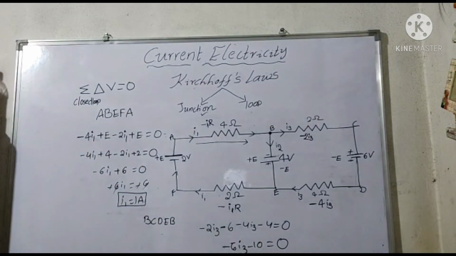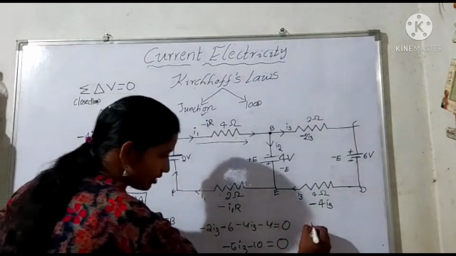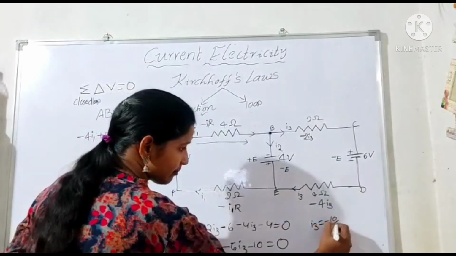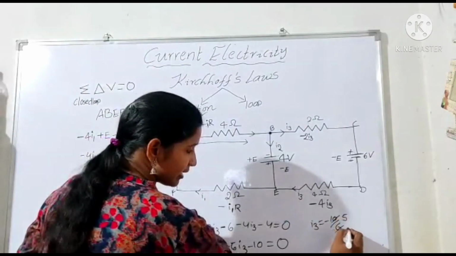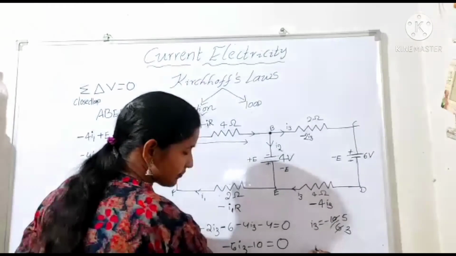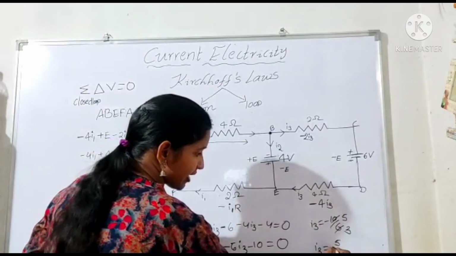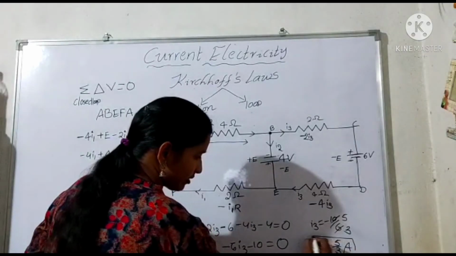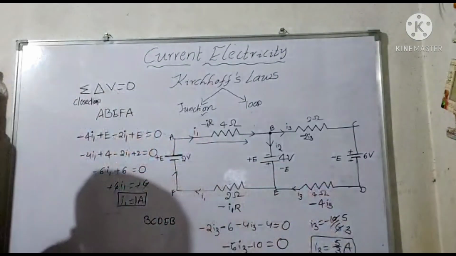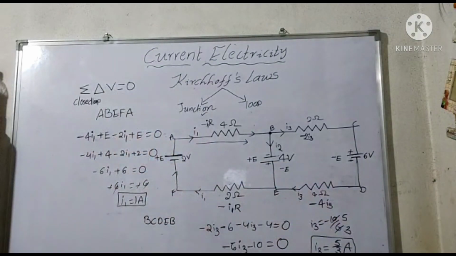So 2 times cancelled in that. I3 equals minus 10 by 6, 5 times and 3 times. I3 equals minus 5 by 3 ampere. So in the second loop, how much current is flowing? 5 by 3 ampere.